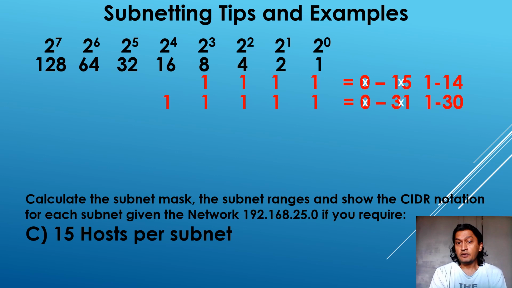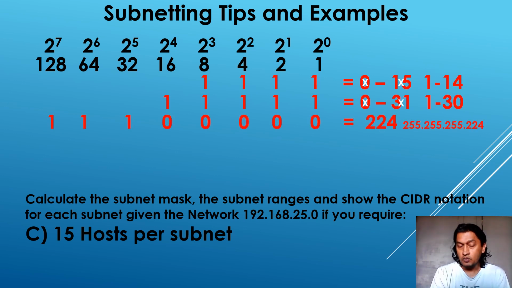You have to remember that we are working with hosts. Because these 5 bits are for the hosts, and host bits are 0, whatever's left, the 3 bits at the top end, become 1s, or network bits.